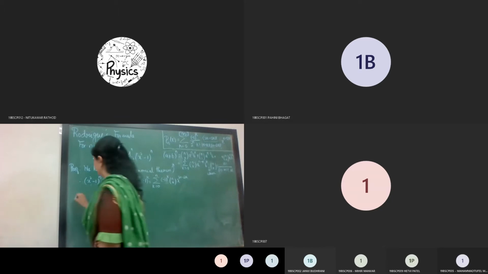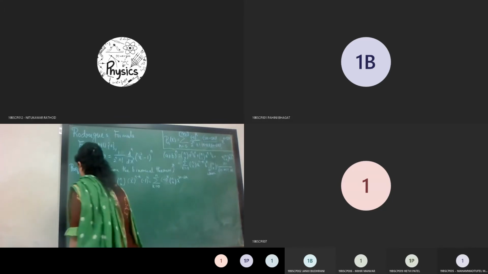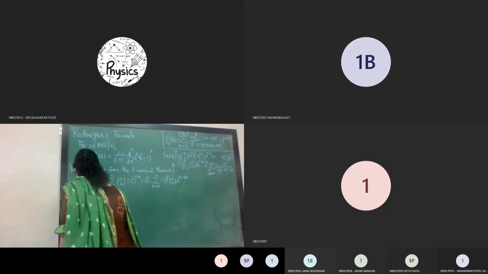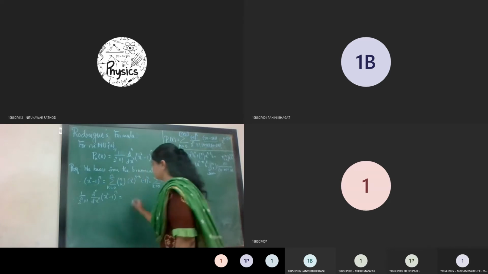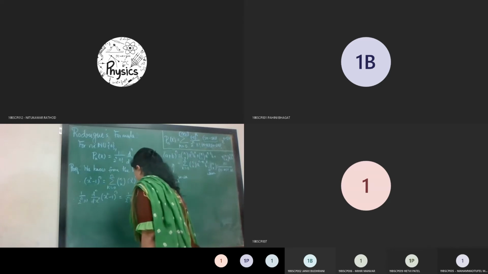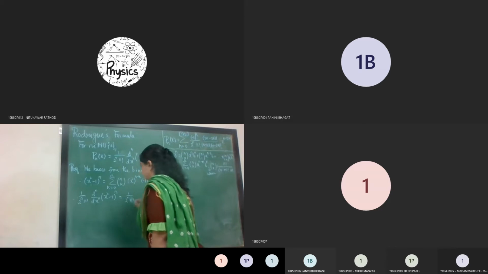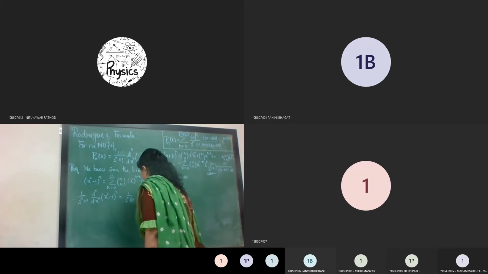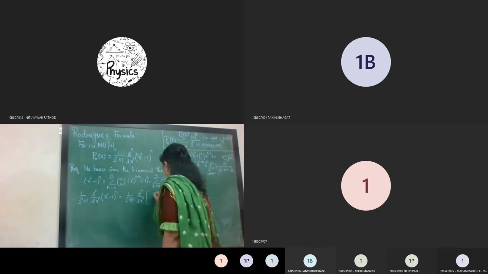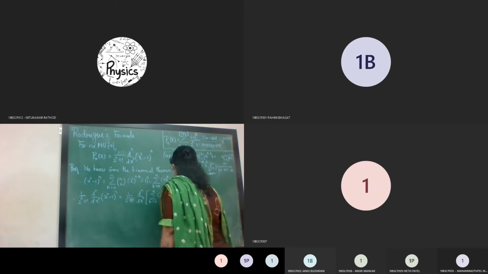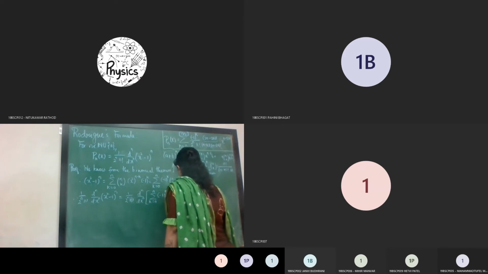So therefore, now I will consider this term. 1 upon 2 raised to n factorial, the nth order derivative of (x square minus 1) whole raised to n, is the same as 1 upon 2 raised to n factorial, the nth order derivative of summation k is equal to 0 to n, minus 1 raised to k nCk x raised to 2n minus 2k.